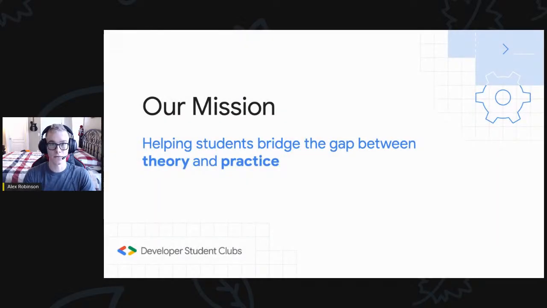The objective for DSCs is to help students bridge the gap between theory and practice. But what does that mean? In our classes, we learn a lot about theory or concepts, but we oftentimes don't apply these to real-world problems. And that's what we are here for.